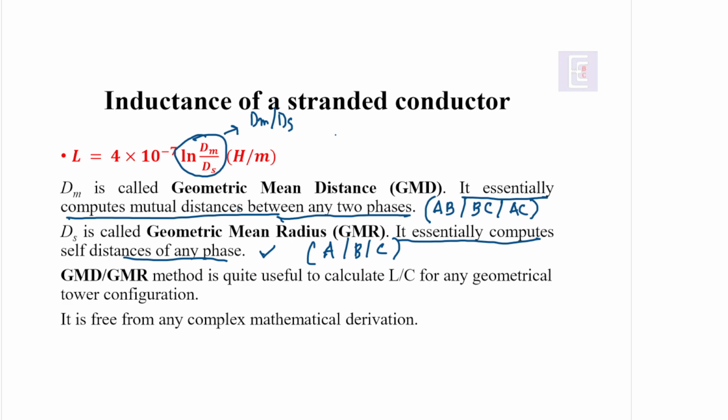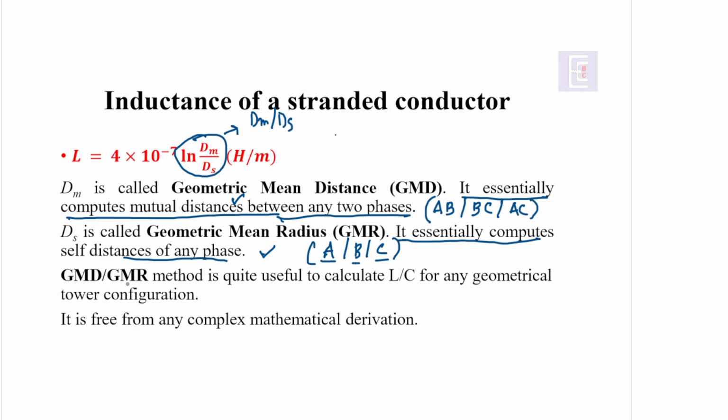That is why it computes the distance between two phases, either between A to B or between B to C or between A to C. And since self means only one object or one person, it is the distance of only one phase, either A or B or C.